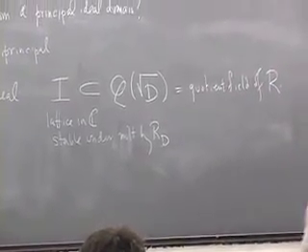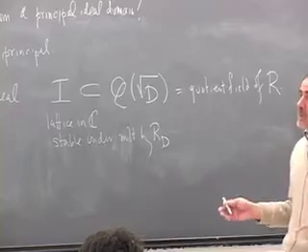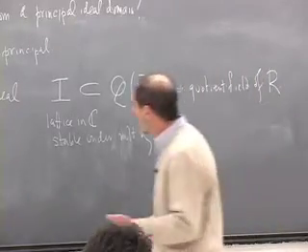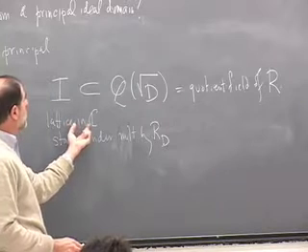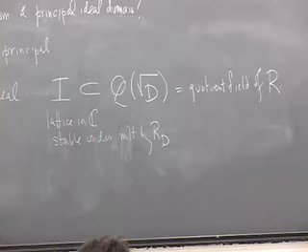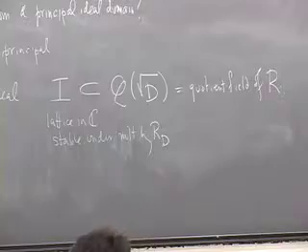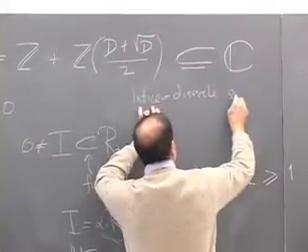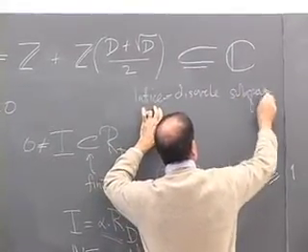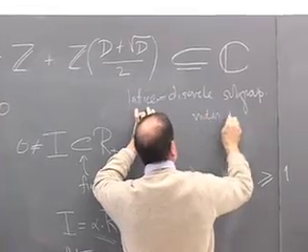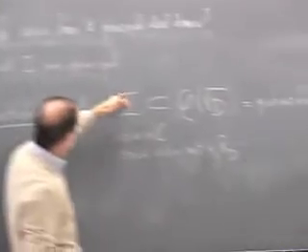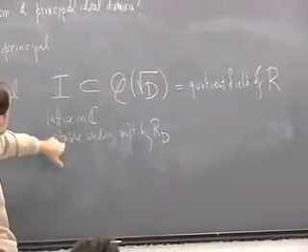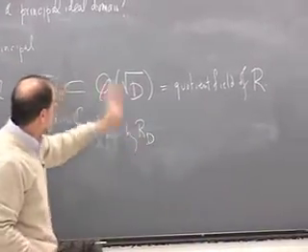It can't be the whole field because that wouldn't be a lattice. It has to still be a discrete subgroup under addition, and you can multiply by elements in the ring and you stay in this.